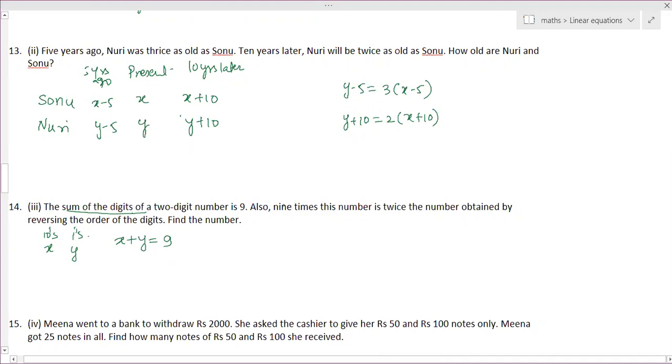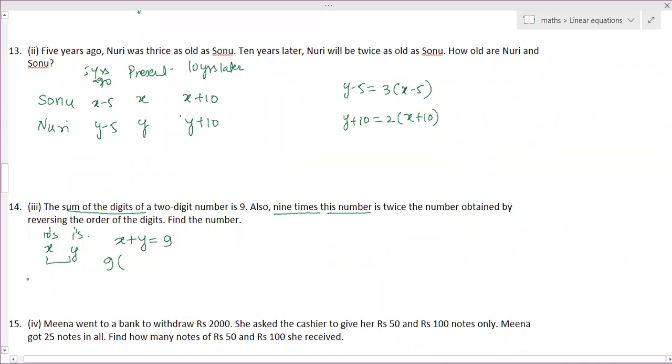Then 9 into the number. 9 times the number obtained by using these digits.